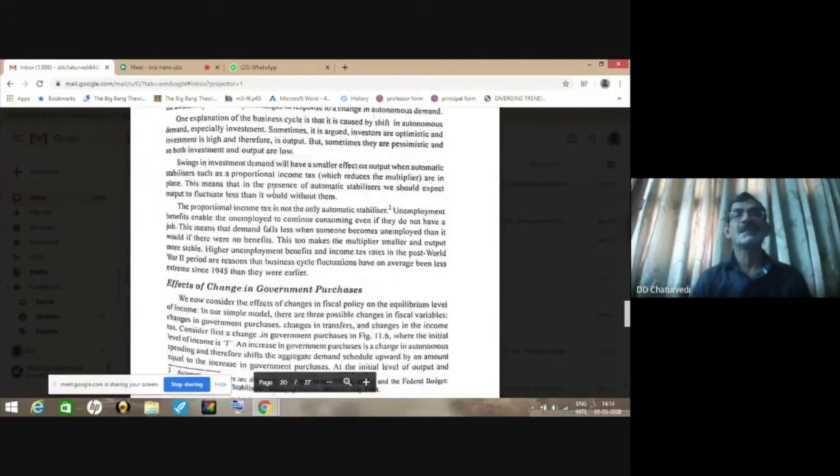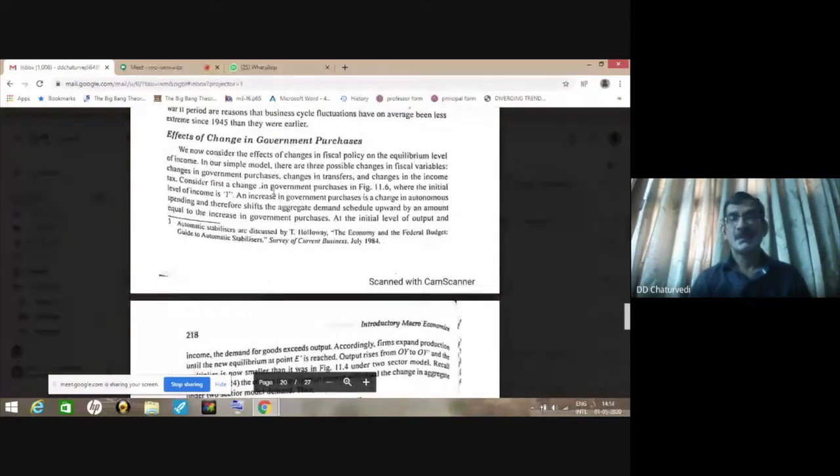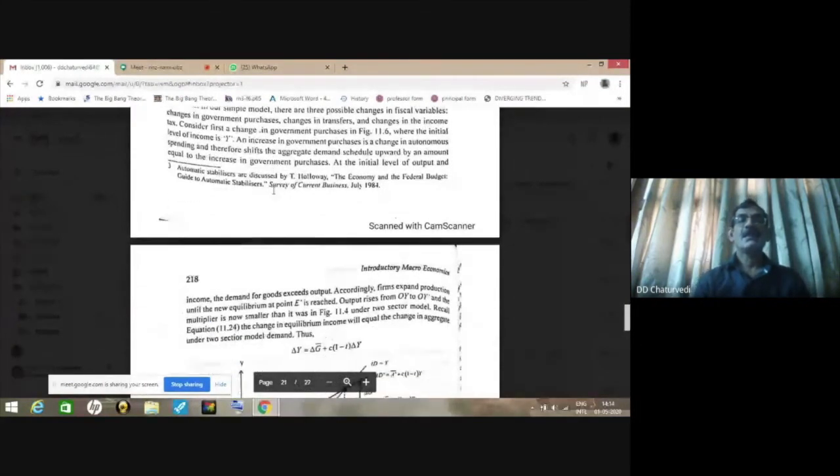Let us study the effect of change in government purchases. For this purpose, we have a new equation which is given on page number 218.